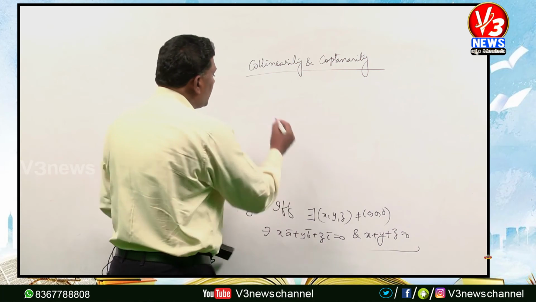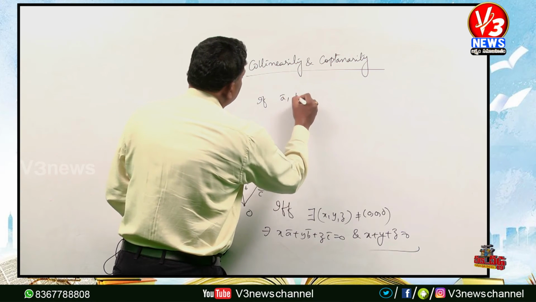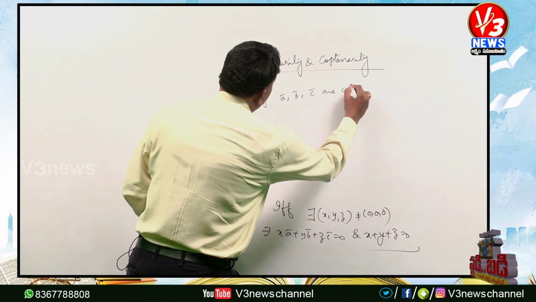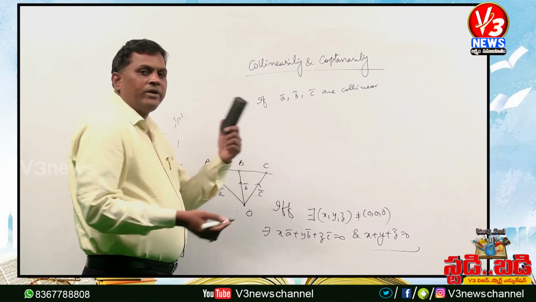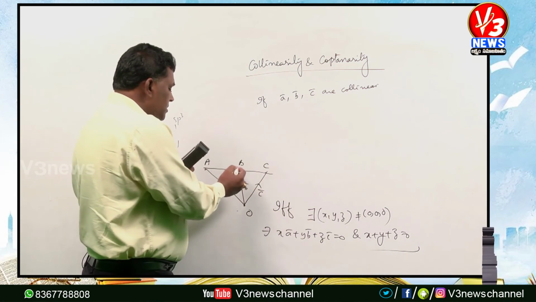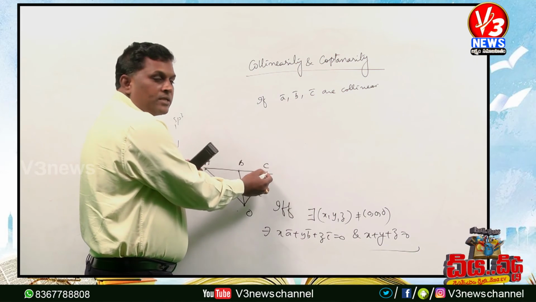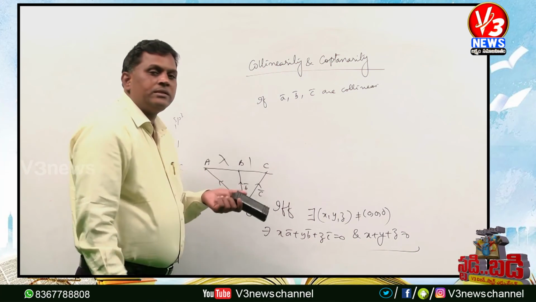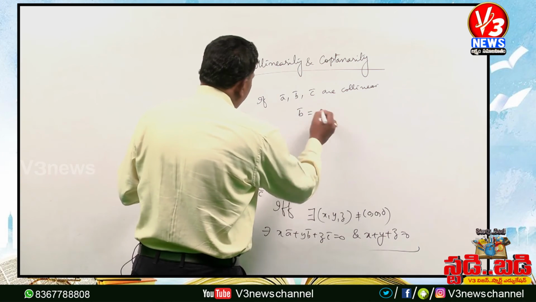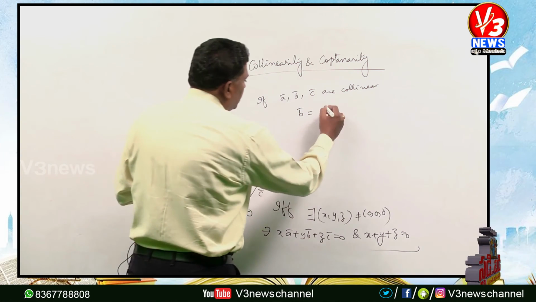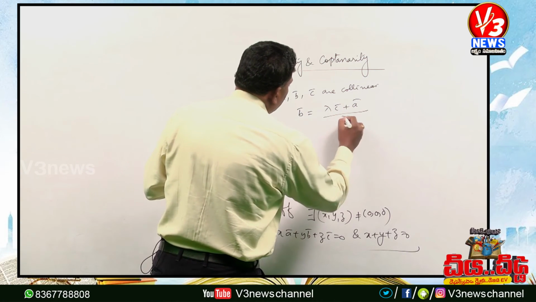It's very simple. We see the condition both ways. Suppose A bar, B bar, C bar are collinear, then definitely one will divide the other two in a certain ratio. Suppose B is collinear with A and C, then B divides AC in some ratio, say lambda is to 1. Applying the section formula, B bar will be (lambda C bar plus A bar) by (lambda plus 1).